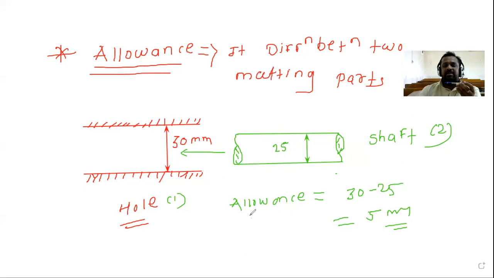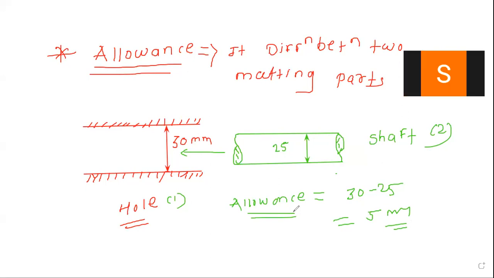That difference is called allowance. Understood? You have to remember the allowance is nothing but the difference between two mating parts.